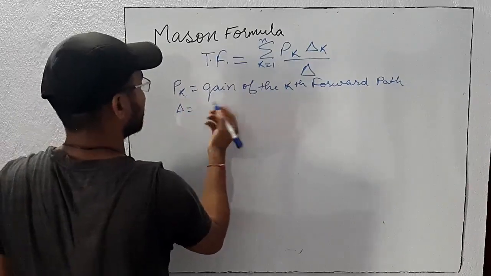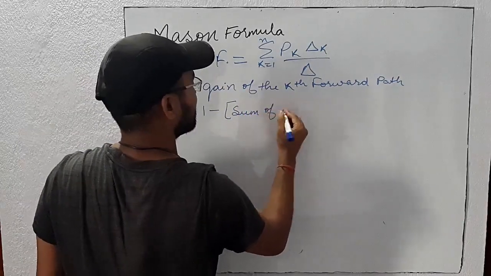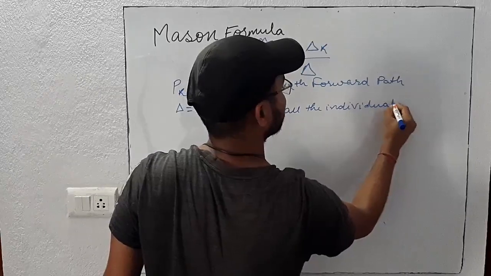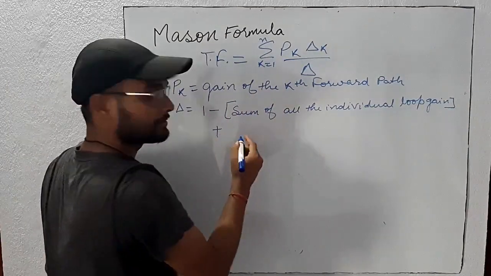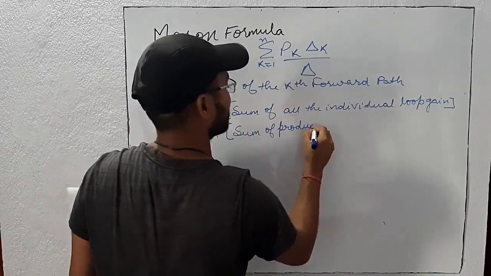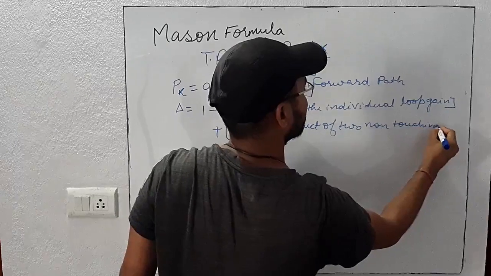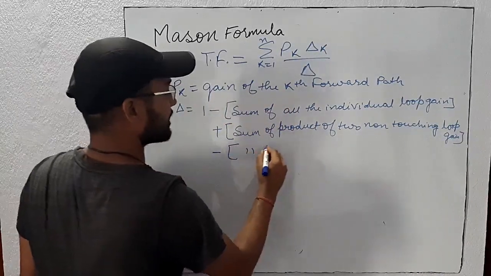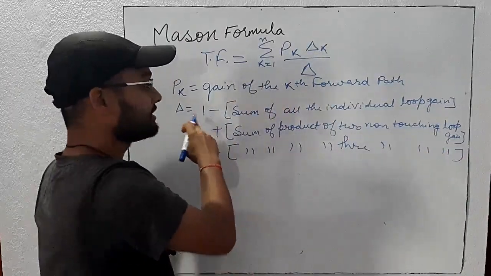Delta is equal to the determinant, and the formula to find delta is 1 minus the sum of all the individual loop gains, plus the sum of the product of two non-touching loop gains, minus the sum of the product of 3 non-touching loop gains. So with this formula we can find delta.